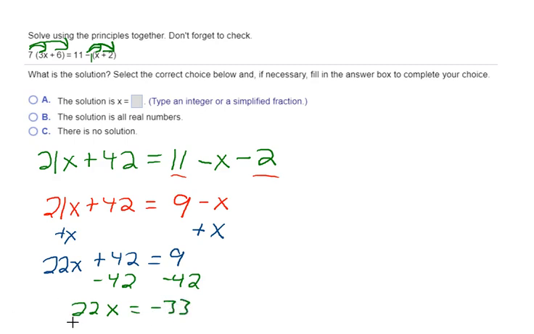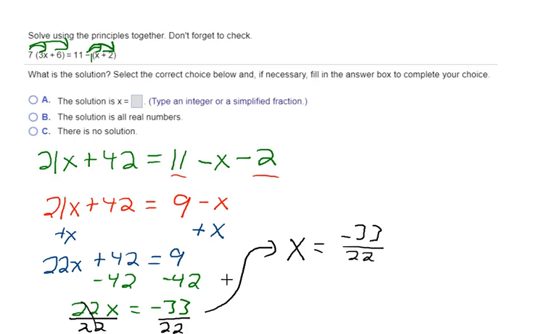The next to last step is to divide by 22 on both sides to get x by itself, but we have one more thing to do after this. So we'll get x equals -33 over 22. The last thing you should always try to do when you have an answer that's a fraction is reduce the fraction.